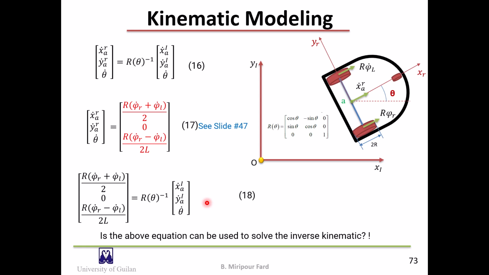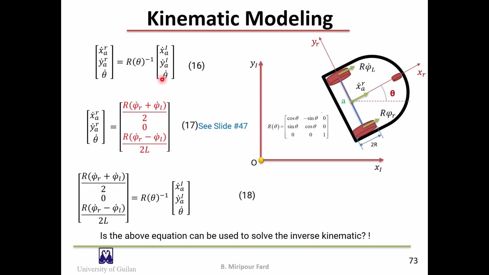Using the rotation matrix, it can be seen that the velocity of the center point in the robot frame is equal to R inverse multiplied by the velocity of the center point in the inertial frame.